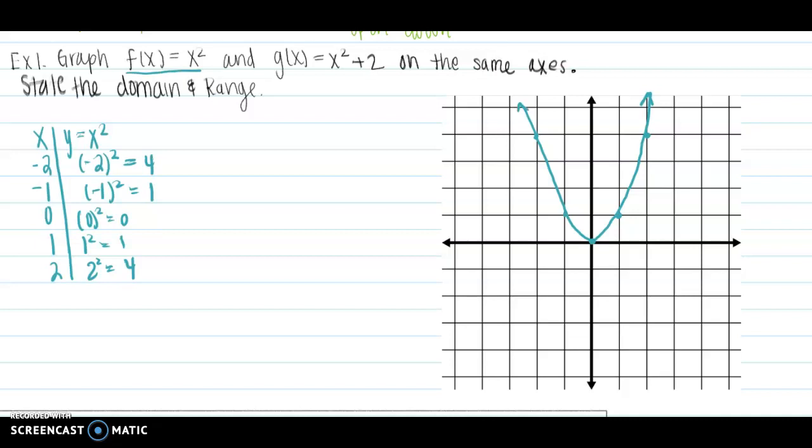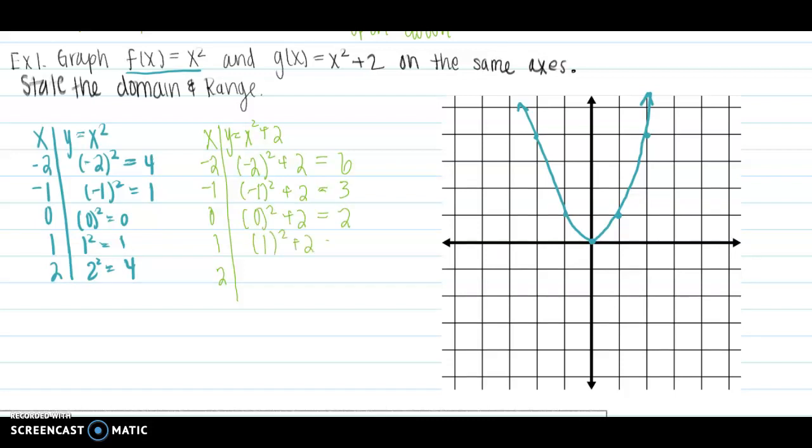Okay, so that was the first one, and then we're going to go ahead and make a table for the next one. So -2 squared plus 2, that's going to give you 4 plus 2, which is 6. -1 squared plus 2, so that's going to be 1 plus 2, which is 3. 0 squared plus 2, that's just going to be 2. 1 squared plus 2, that's going to be 3. 2 squared plus 2, that's going to be 4 plus 2, so that's 6.